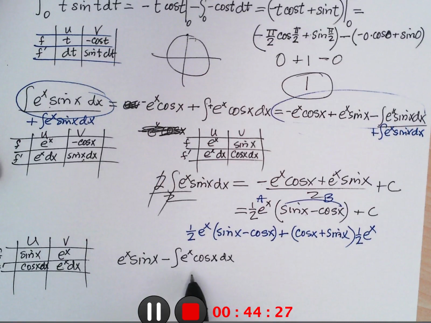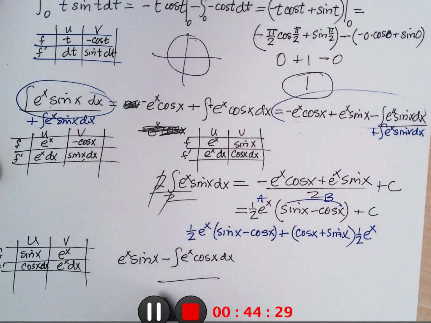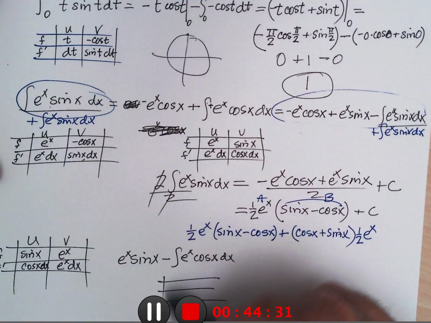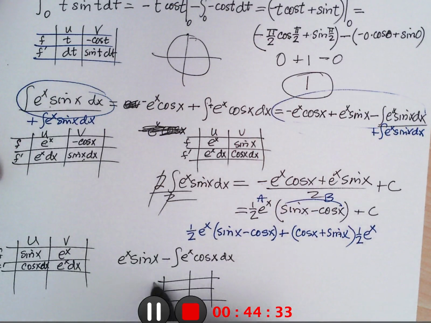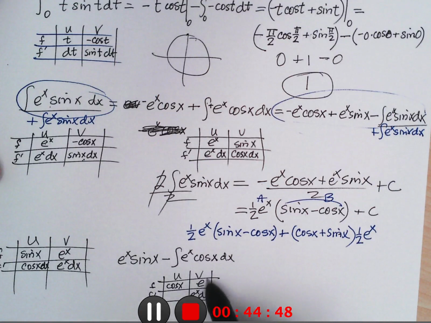So we'll need to do integration by parts again. So I'm going to again put the trig function as the u. So cosine x and e to the x dx. This integrates to e to the x. This becomes negative sine x dx.